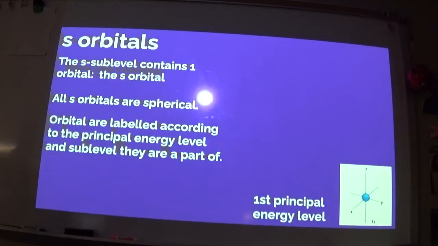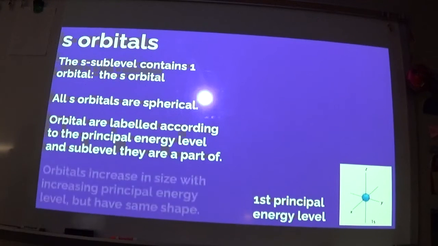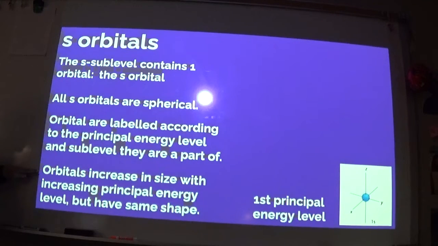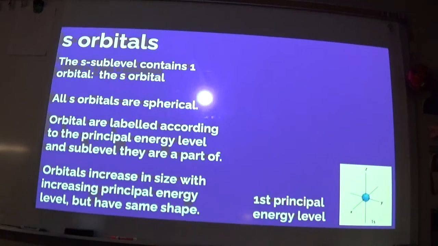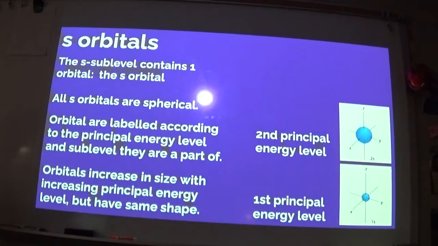On the first energy level, I have that, but if I go to a higher energy level, they have the same shape, but they increase in size. If I go to the second energy level, the 2s orbital is a sphere, but it's larger.